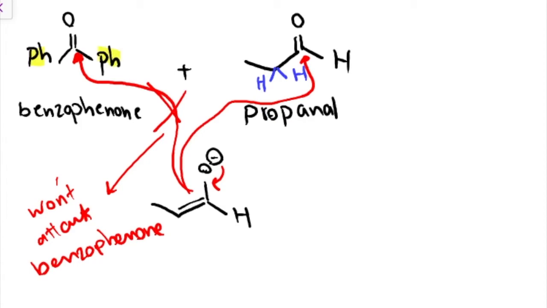So first of all, it is even less reactive than a normal ketone without this much steric hindrance around it. And then we know normal ketones are even less electrophilic than aldehydes. So actually, the enolate is going to attack the aldehyde, and it's going to be a self-aldol reaction, and the benzophenone is just going to sit around and do nothing.